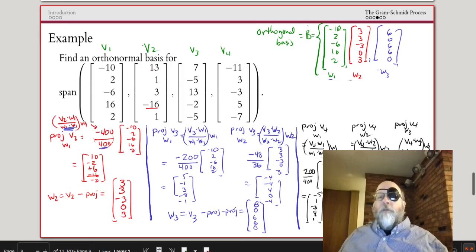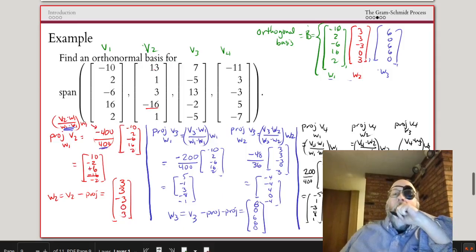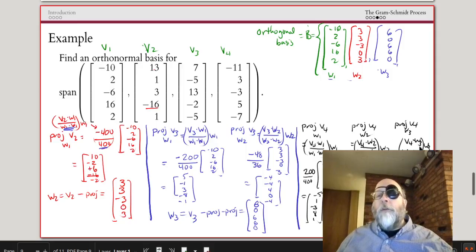All right, this just reduces to minus 1. And so when we multiply everything by minus 1, we get negative 3, negative 3, 3, 0, and negative 3. And now we'll do this last projection.